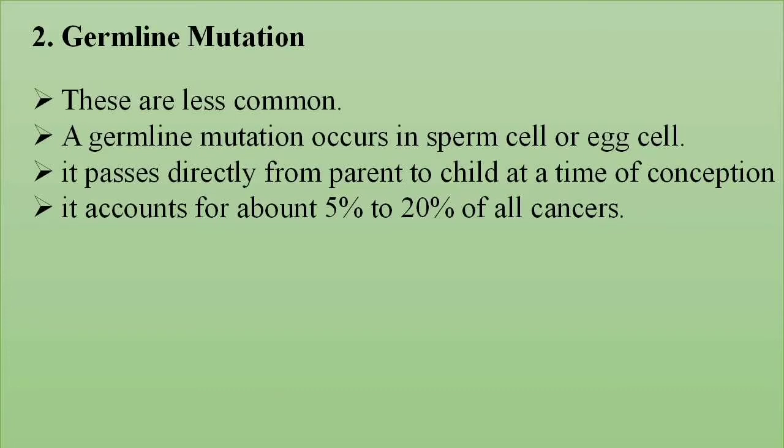When transmitted to a child, the germline mutation is incorporated in every cell of their body. Germline mutations play a role in genetic diseases. They also play a role in certain types of cancer, for example, retinoblastoma, Wilms tumor, and childhood malignancies.